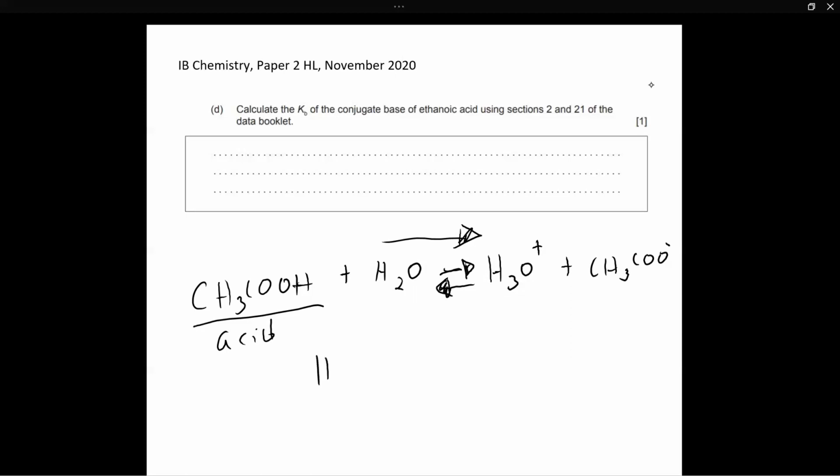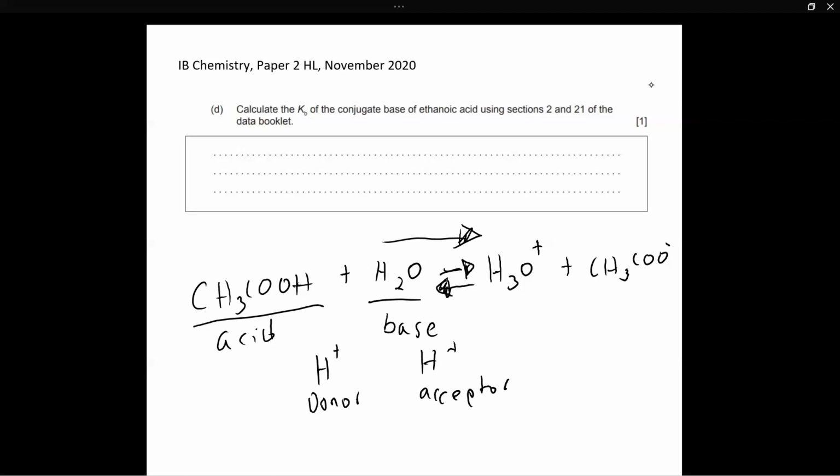So the definition of an acid is an H plus, we call this a proton donor. And in the forward reaction, that's exactly what's happening. CH3COOH donates one of its hydrogens to H2O. And H2O acts as a Bronsted-Lowry base because the definition of a Bronsted-Lowry base is an H plus acceptor. So it accepts it.